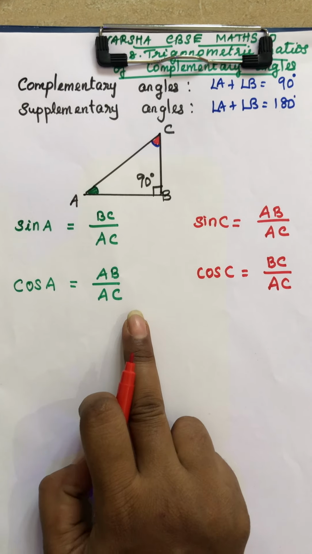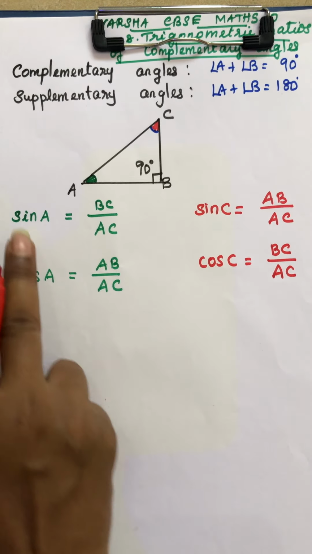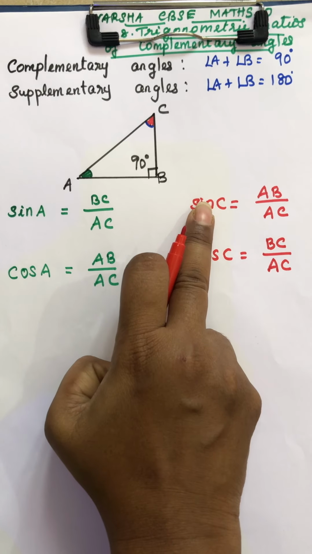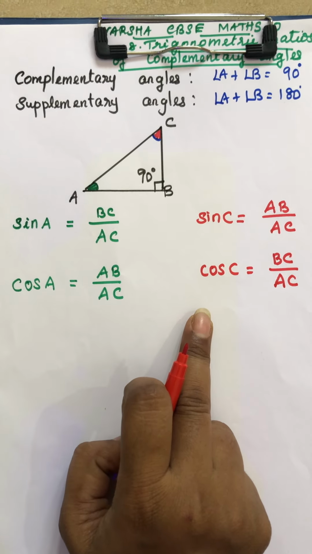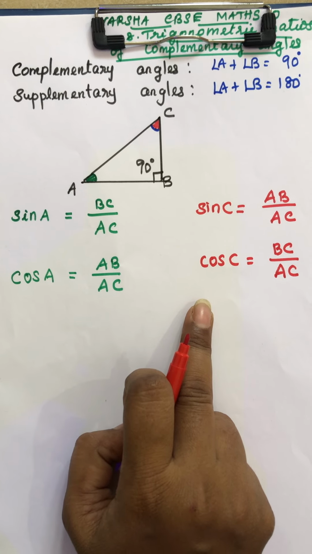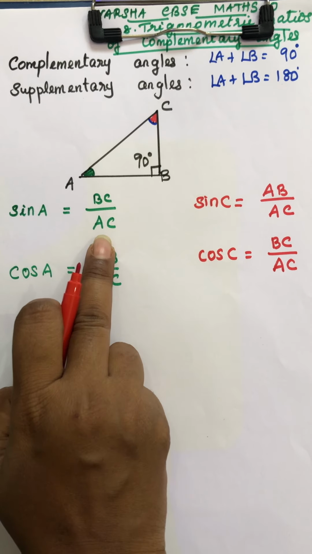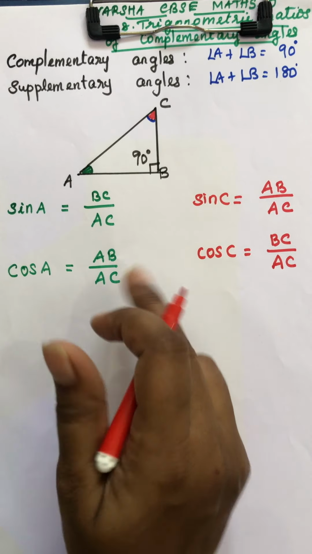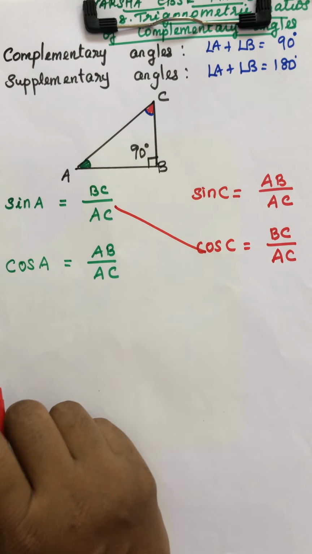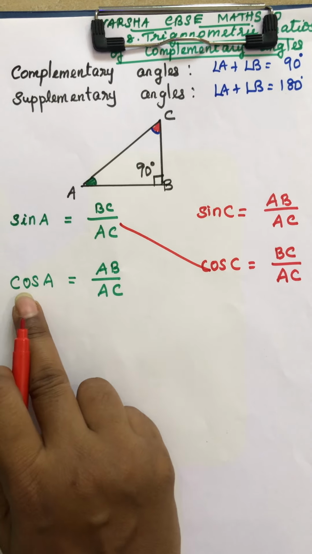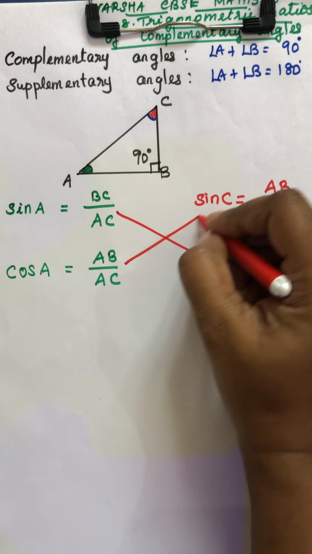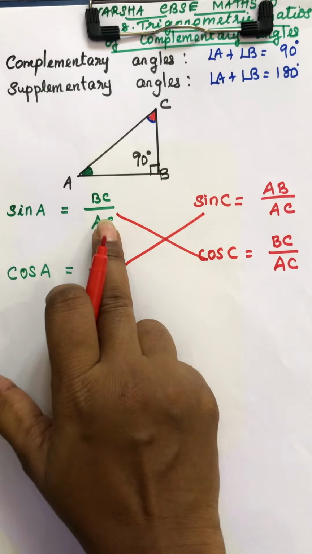I have written sin A, cos A, sin C, cos C. What are they equal to? BC by AC is sin A, and this is also cos C. So these are equal. And cos A and sin C are equal in value.